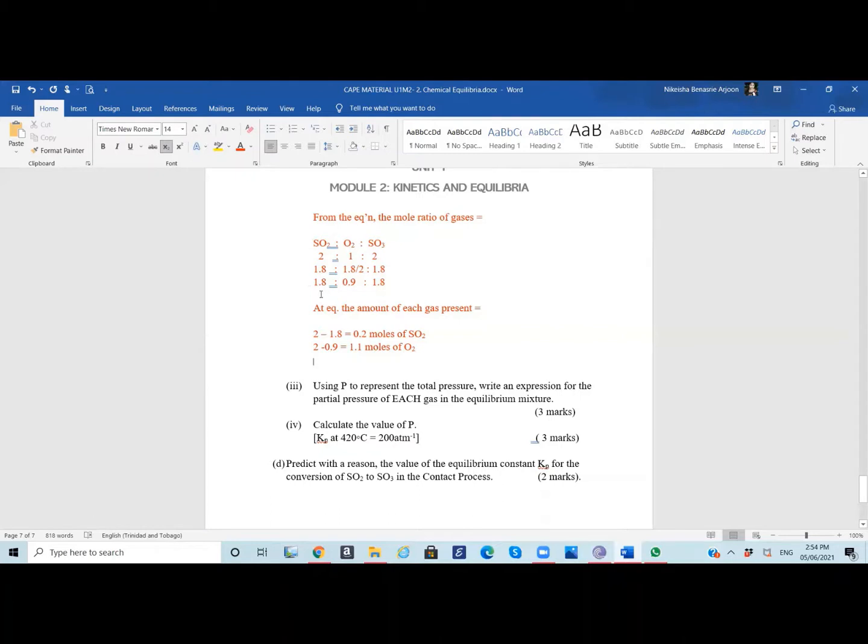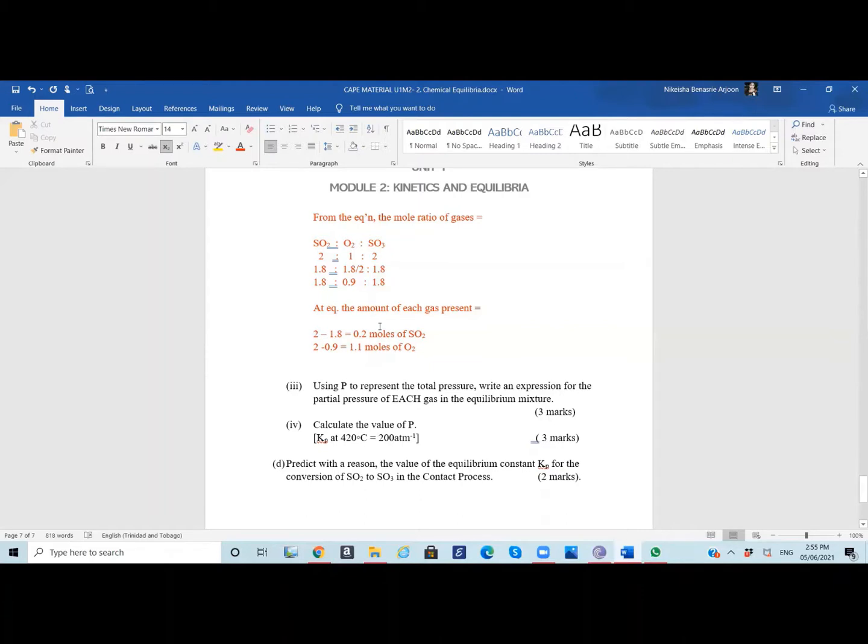So at the bottom here, this is where we determined 1.8 of SO2 reacts with 0.9 of oxygen to produce 1.8 of SO3. So at equilibrium, the amount of each gas present, because this is the answer that the question is looking for. The question is asking us the amount of each gas present at equilibrium. So you're subtracting how much reacted from the initial amounts to find out how much is left.